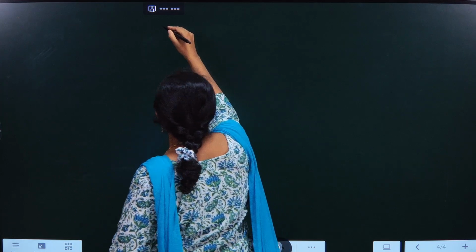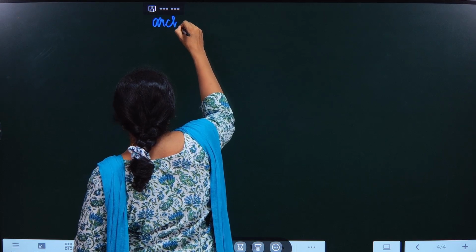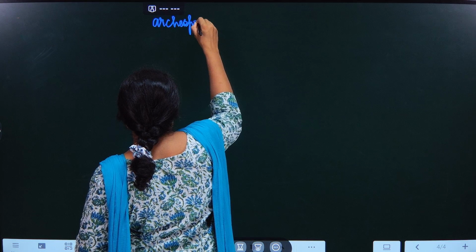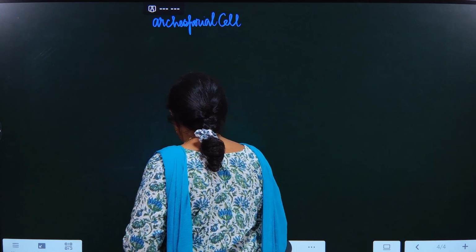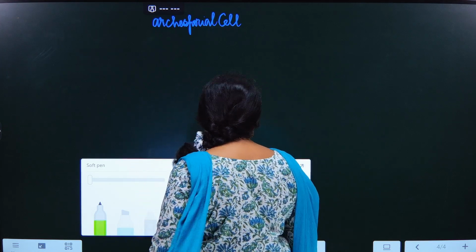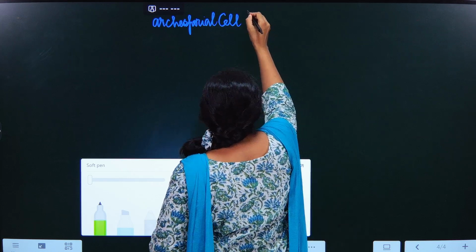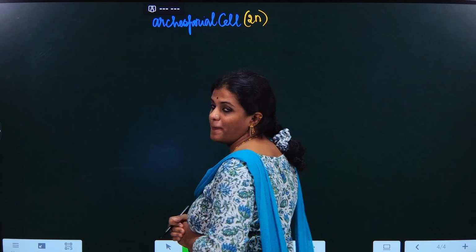Archaebacteria means ancient bacteria. So archisporial cell means it is the initial cell or ancient cell. So there is one single archisporial cell. Only one will be there. And you have to remember its ploidy, children. It is diploid.